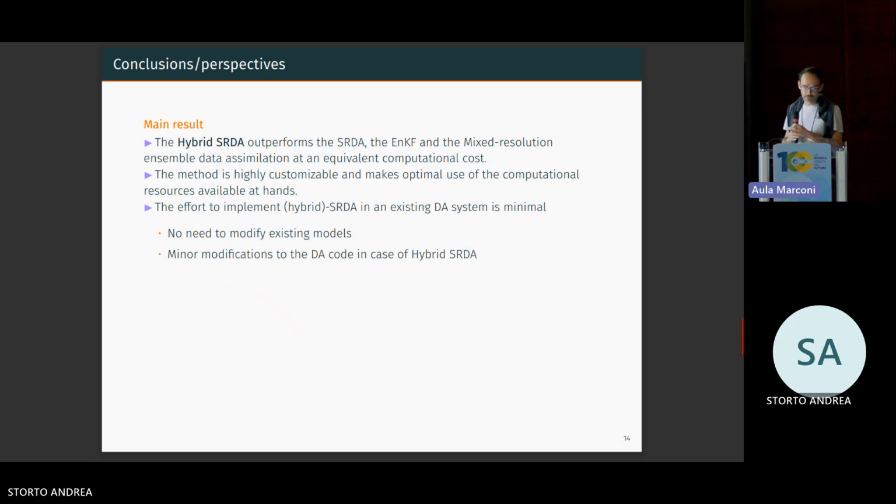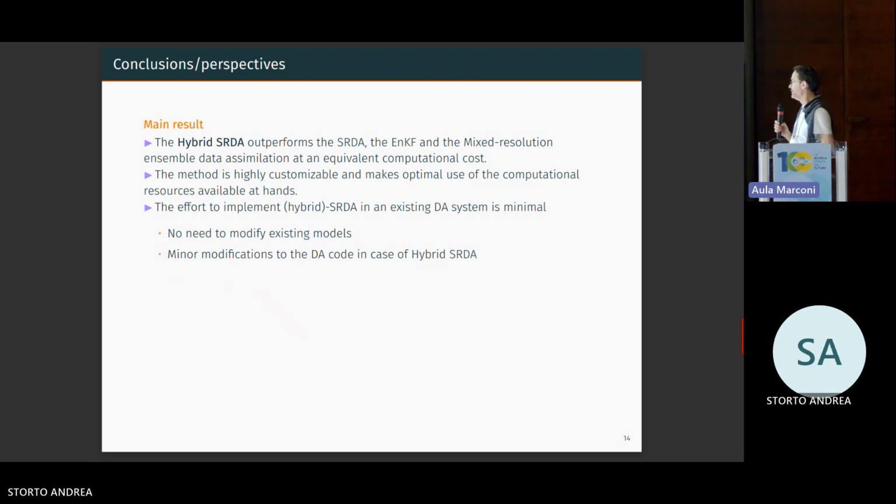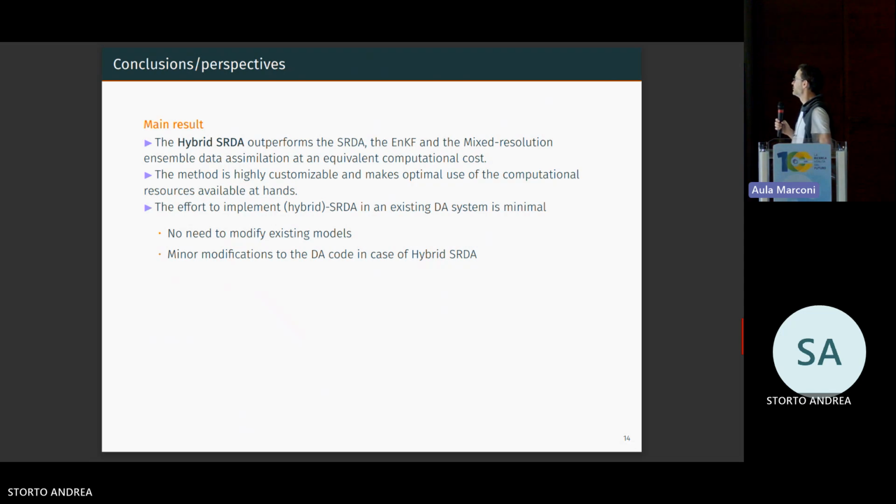And also an important point is that the effort to implement the hybrid SRDA in an existing DA system is minimal, in the sense that we do not need to modify the existing models. In the case of the hybrid SRDA, we just need to do a minor modification to the data assimilation code.